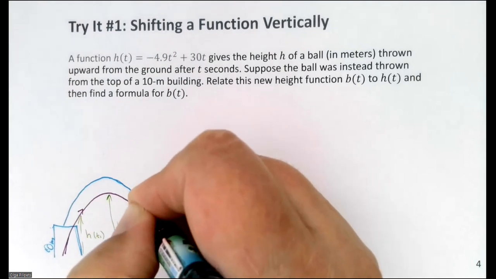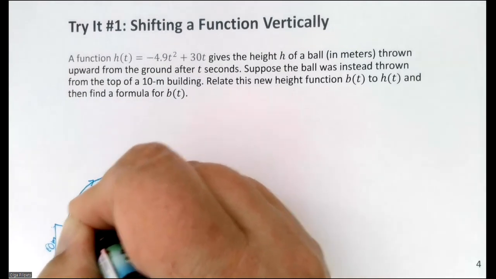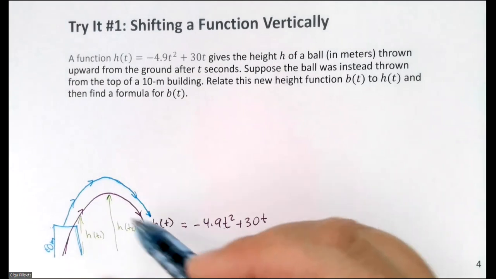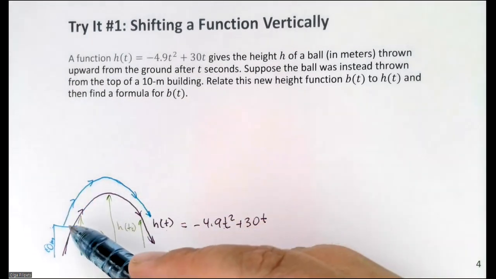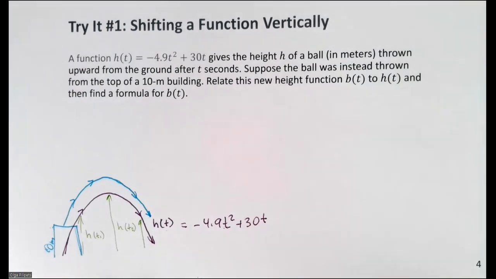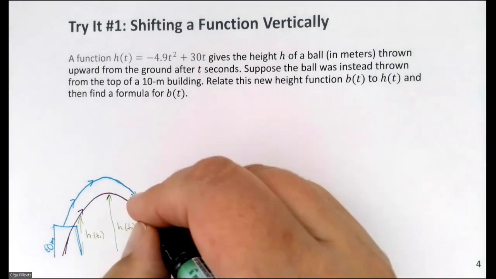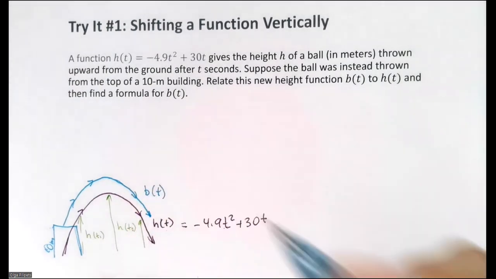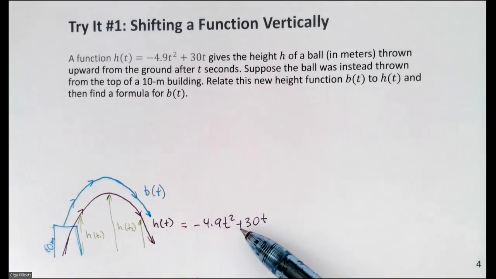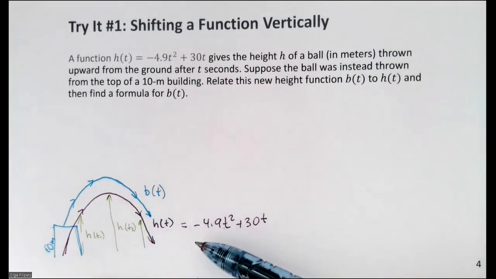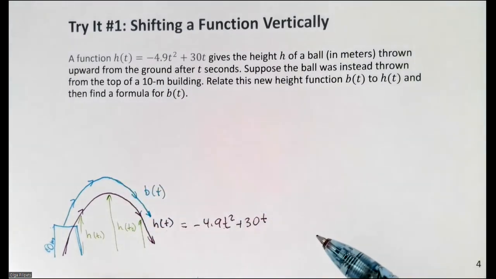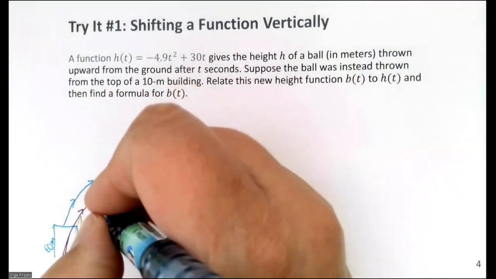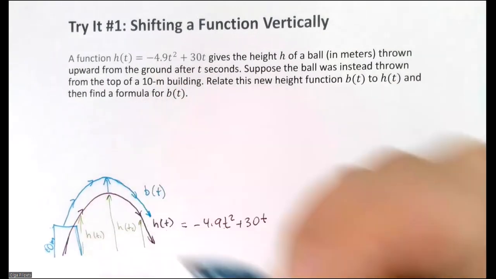So this is its trajectory. Basically, it flies on the same path, only it starts higher. And this is our function b of t. What's going to happen is that this equation is going to move up 10 meters, right? So the height will be added here.